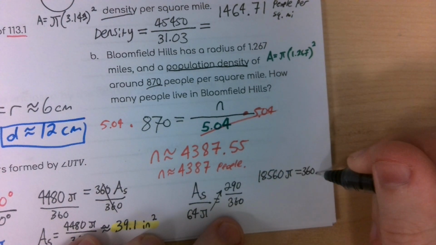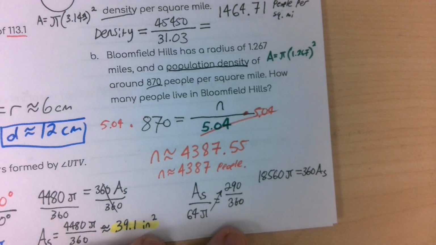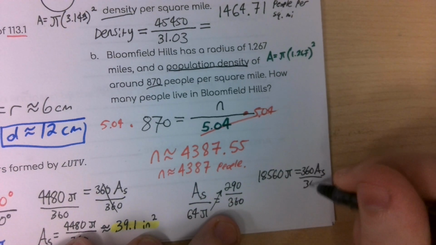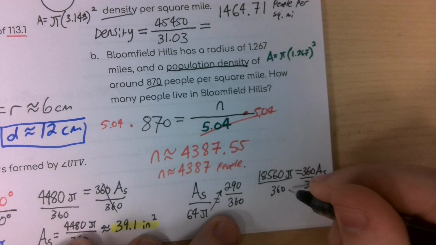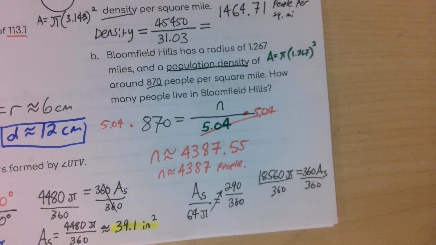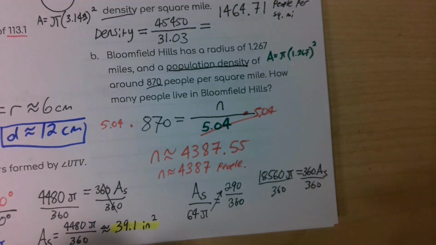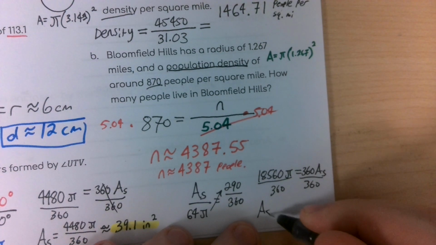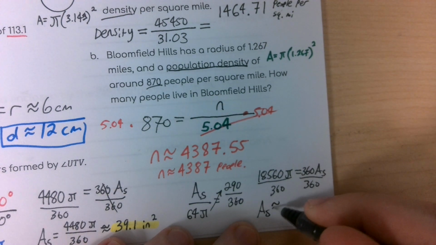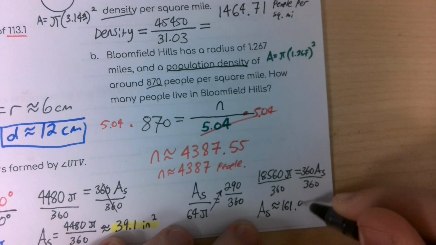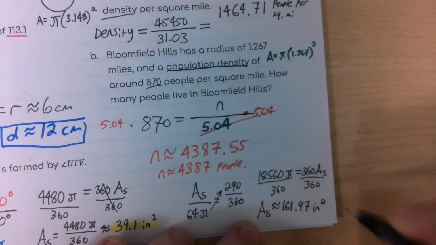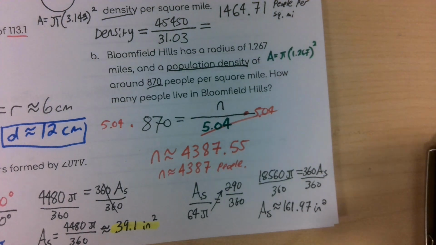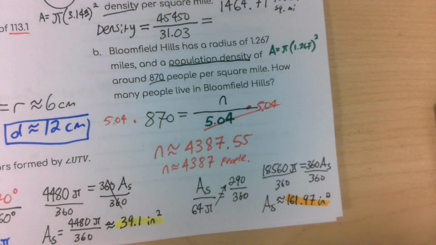And on the other side, I get 360 times our area. When I divide both sides by 360, we get 161.97 inches squared.